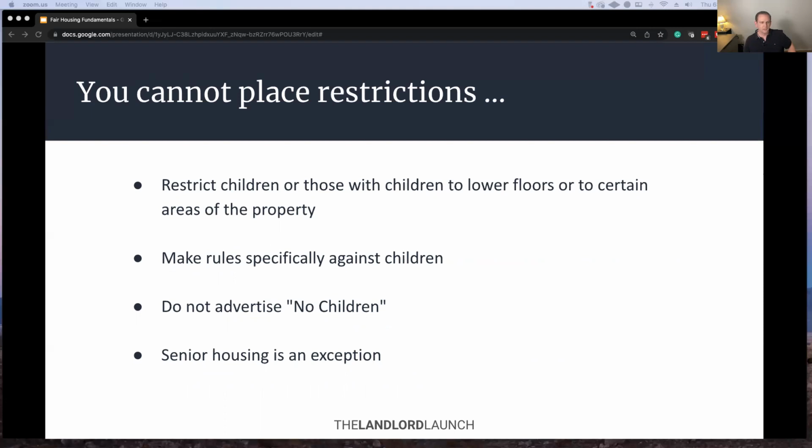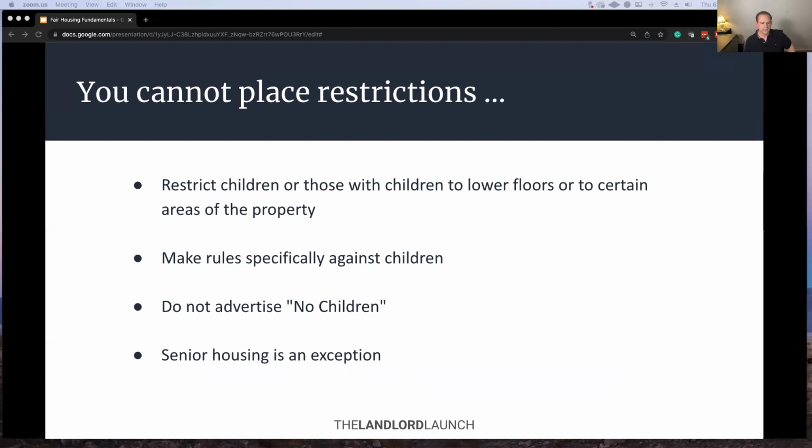So again, you can't restrict children or those with children to certain areas of the property. Again, steering: you can't say you can't live on the top floor because you have kids and you will disturb the neighbors below you. That is a no-no. You can't make rules specifically against children, like children can't swim in the swimming pool, or children can't be in the laundry room.